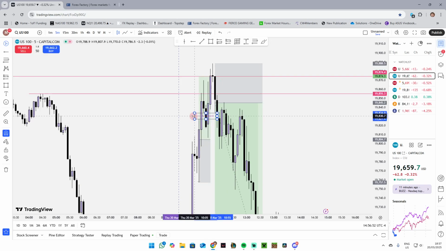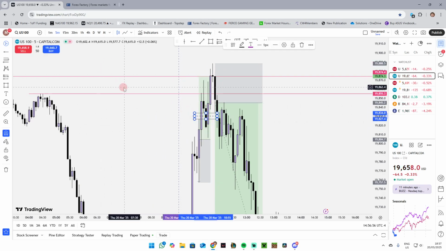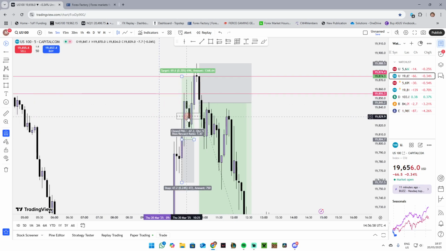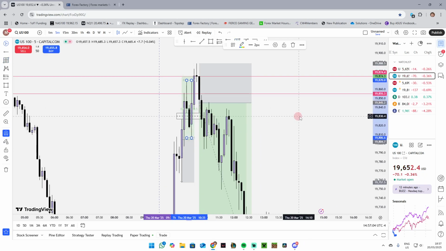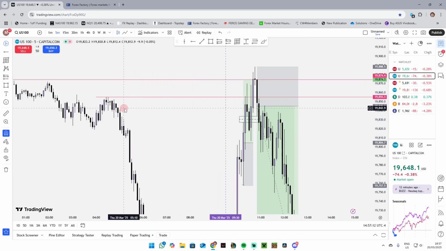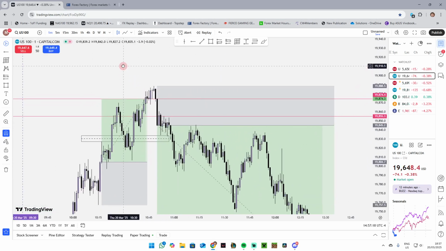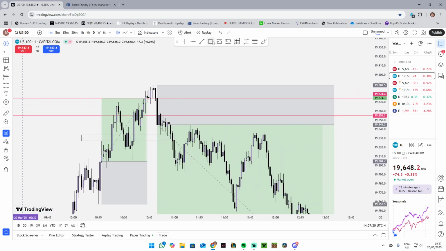So anyways, we get this 5 minute inversion. What I'm looking to see is a 5 minute retrace. We get a 5 minute retrace up into equilibrium. Right there, we get up into equilibrium, and I was like, cool, I'ma just look for ways to go short.